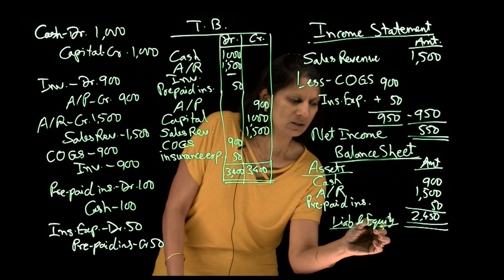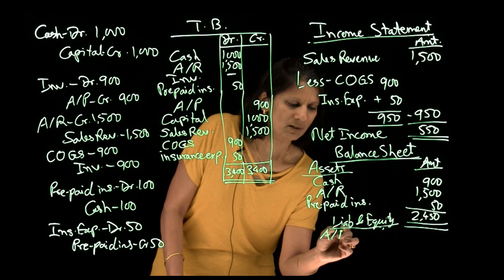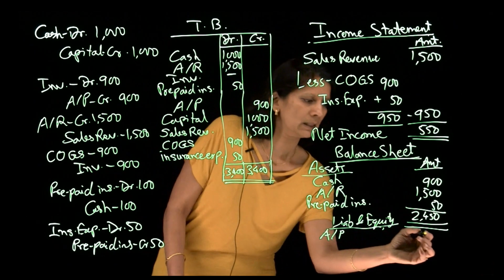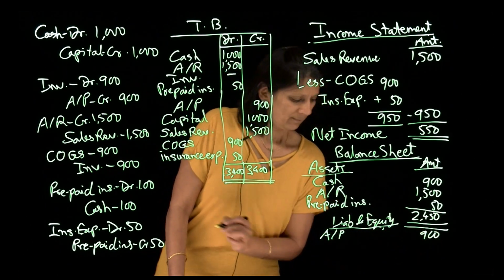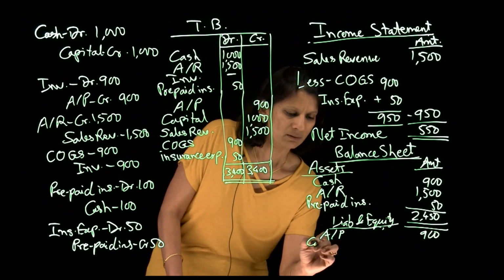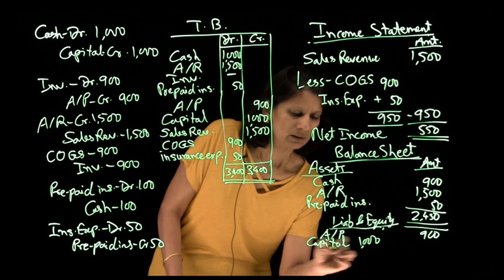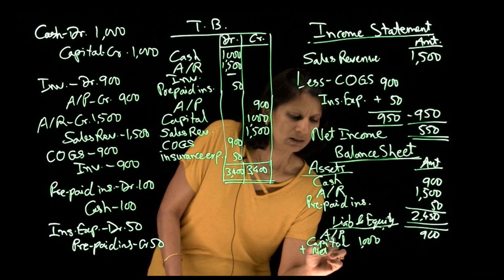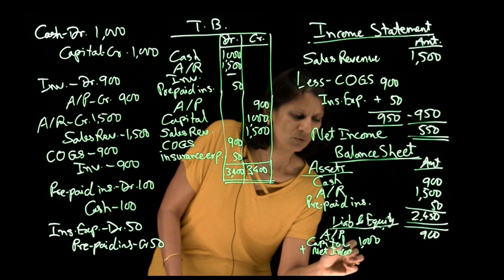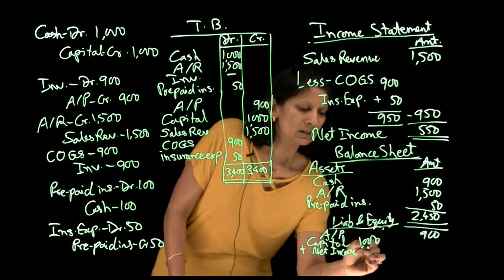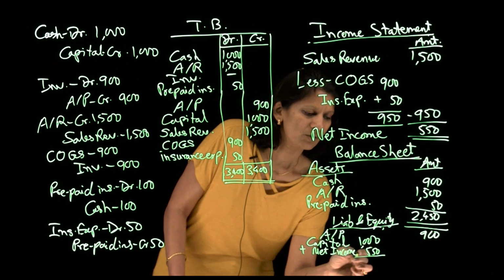What liabilities do I have? I have accounts payable, 900 worth. Then I have capital. I brought in capital, $1,000 worth, plus I made some net income. This net income, which was my revenue, got added up to what I brought in.